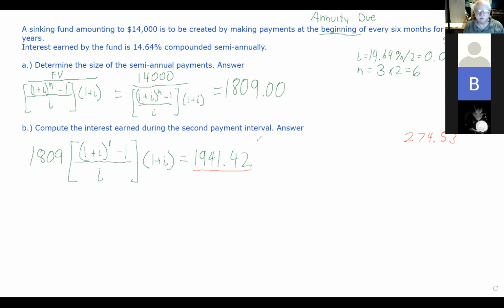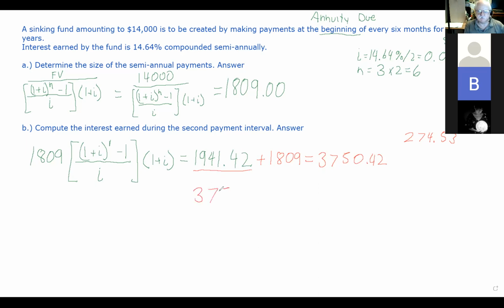Because the payment is at the beginning. So plus the payment of 1809 equals this. So 1941.42 plus 1809 equals this. 3750.42. And then they get interest on all of this because they put this payment in at the beginning of the payment period, not the end.